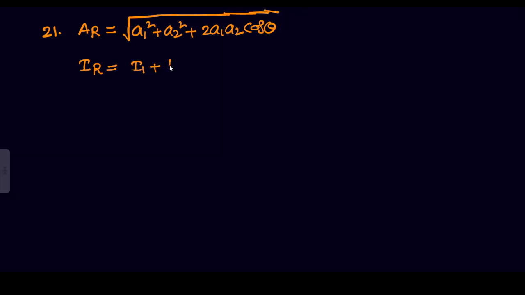That is I1 plus I2 plus 2 root of I1 I2 into cos theta. Okay. This is the resultant amplitude and the resultant intensity. Next.